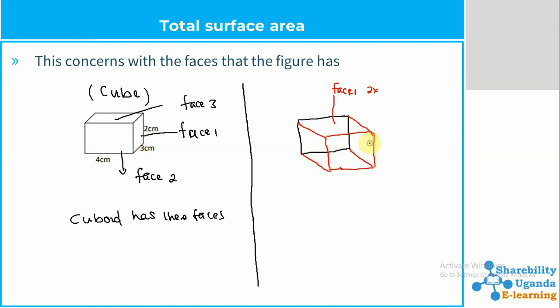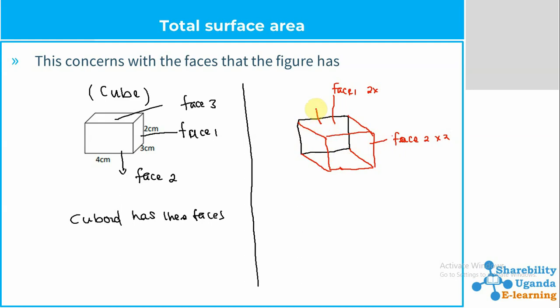Then we also have this, our face 2. But it also has another one facing it, the opposite one, so also times 2. Then which other do we have? We have this one, and this one.